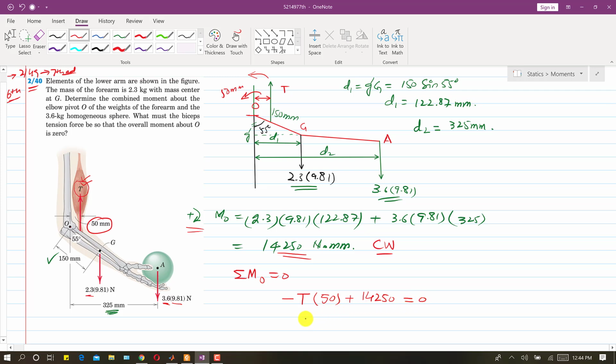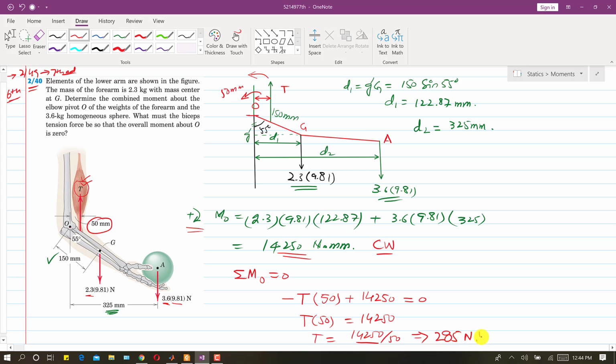So T into 50 equals 1450, and the tension in the biceps will be 1450 divided by 50. So the tension in the biceps comes out to be 285 newtons, right?